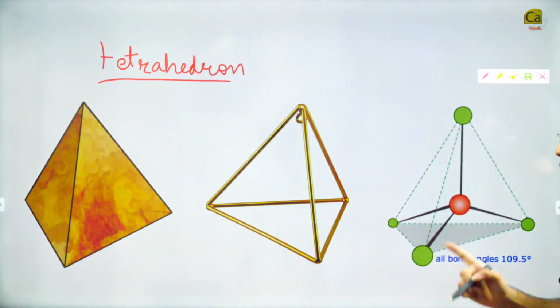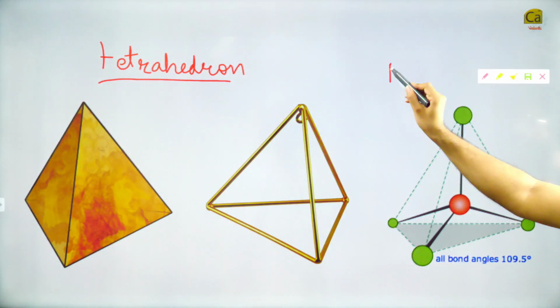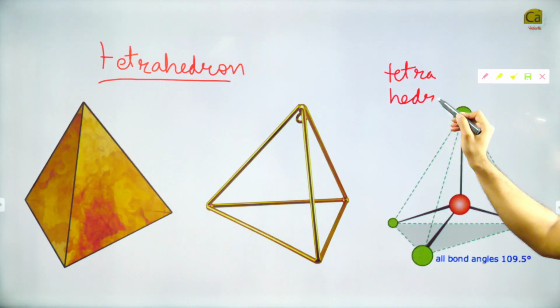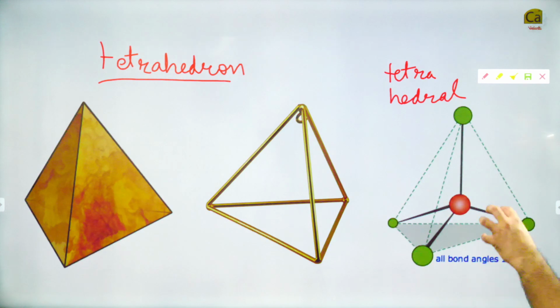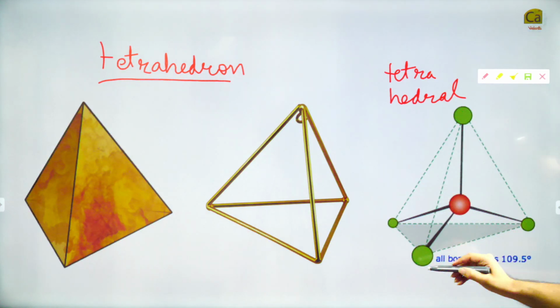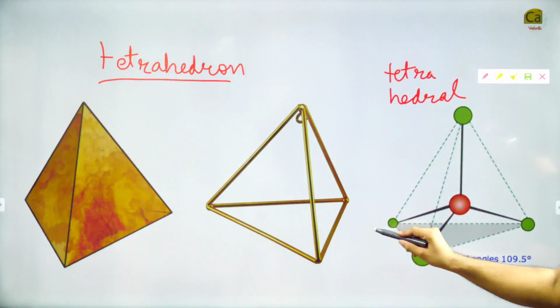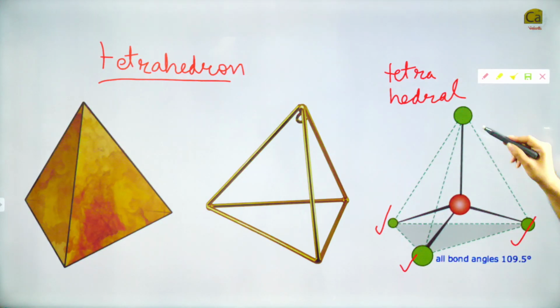So a tetrahedral shape, this shape which is known as the tetrahedral, okay, essentially the central atom is at the center and the outer atoms are on these corners of the tetrahedron.